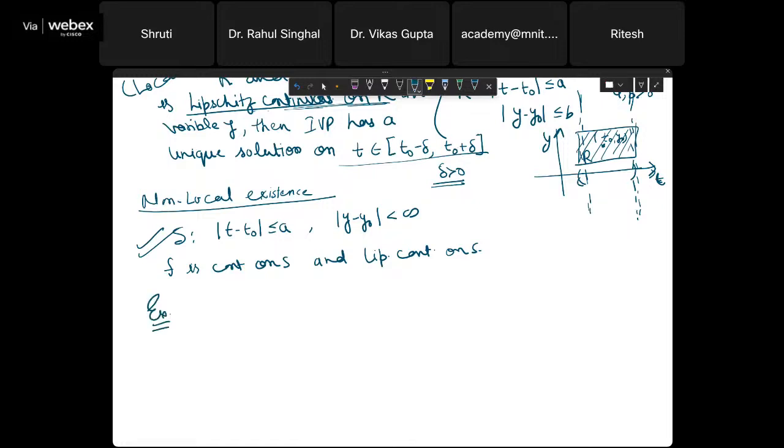One more example before I start with the numerical method, where you will see that the solution will not exist. Here my problem is, say, y dash equals... let me take a different problem.